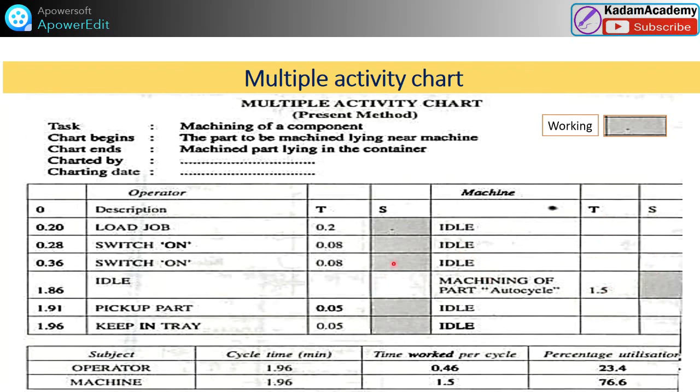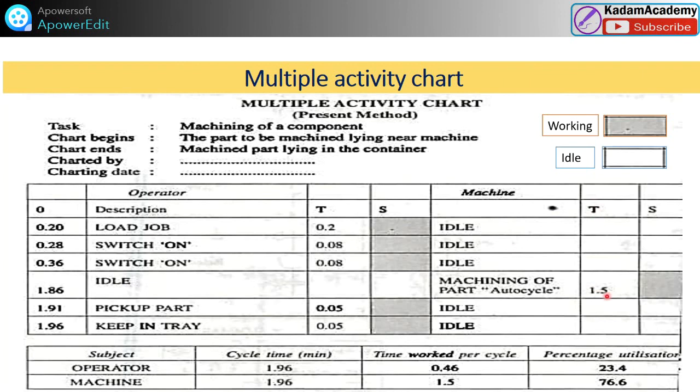So these are the symbols represented here. They are working or they are idle, and this is the timing for that description and how much time is actually required, and consequently here it is added: 0.20 for load the job. After that 0.8 added here. Consequently the total time we can calculate, or for each operation you can write here the timing for the operator and machine.